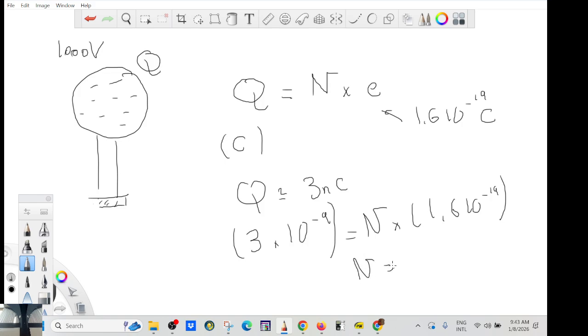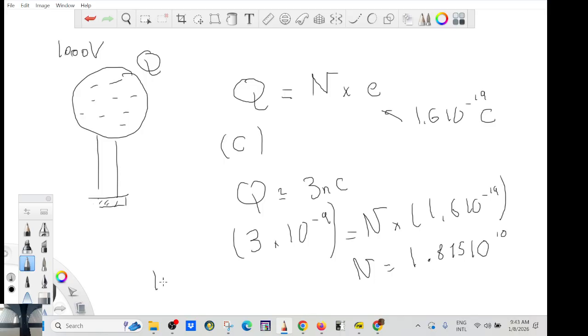And what do you get? Yeah, times 10 to the 10, right? So that will be the number of electrons, and there is a 5. So how many electrons?